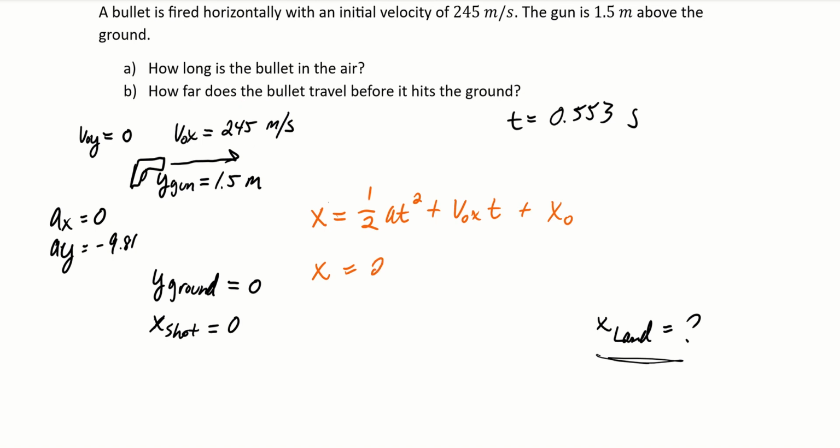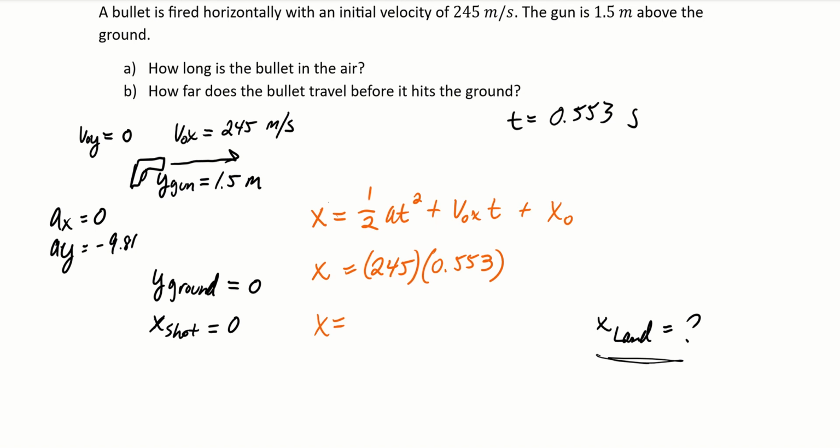That was given to us. And I do know how long the bullet is in the air, 0.553 seconds. So all we have to do is multiply 245 by 0.553, and that'll tell us how far we flew.